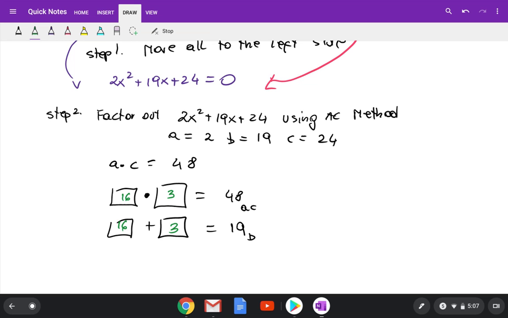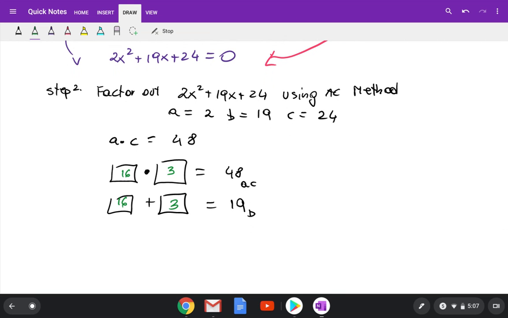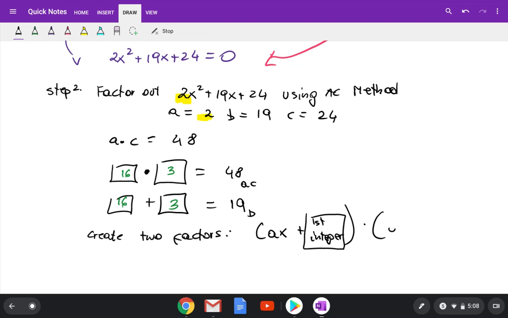Okay, next, here you have to be careful. Don't forget that our leading coefficient A is equal to 2, so you have to create two factors. So don't forget that step. Create two factors. Let me rewrite that: ax plus first integer, times ax plus second integer.